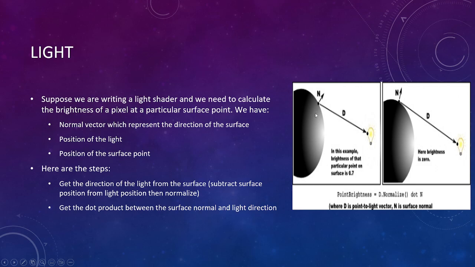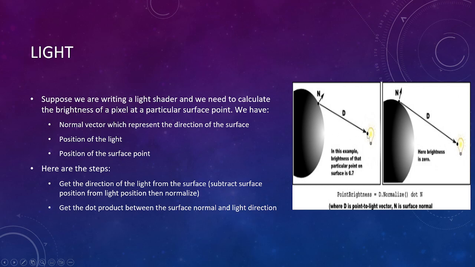Given all these three, we can get the direction of the light from the surface by subtracting the position from the light's position, and we can also get the dot product between the surface normal and the light direction. Doing so, we know how bright or how dim it is given the distance.